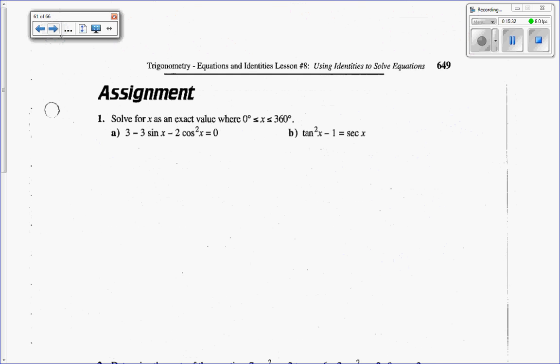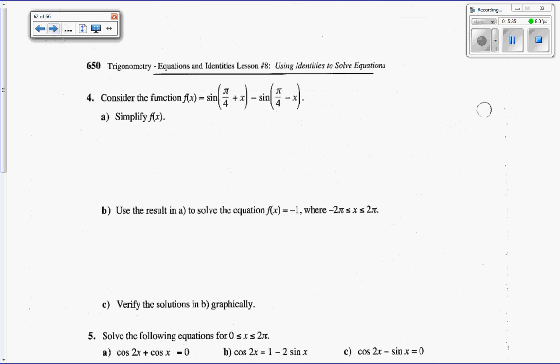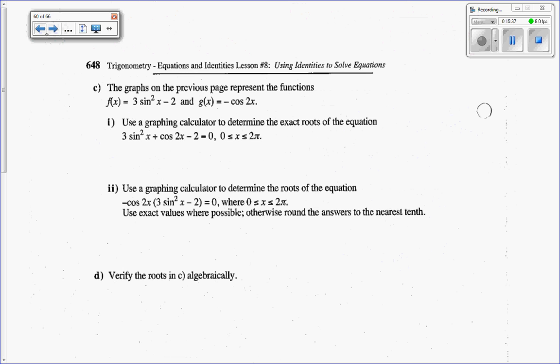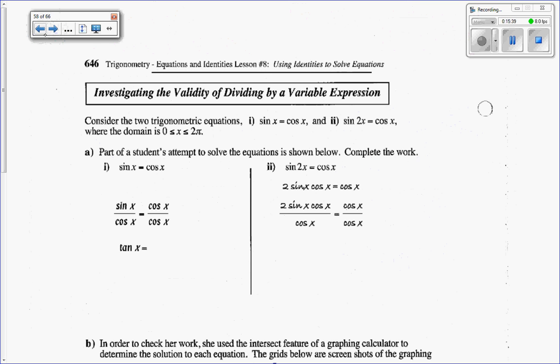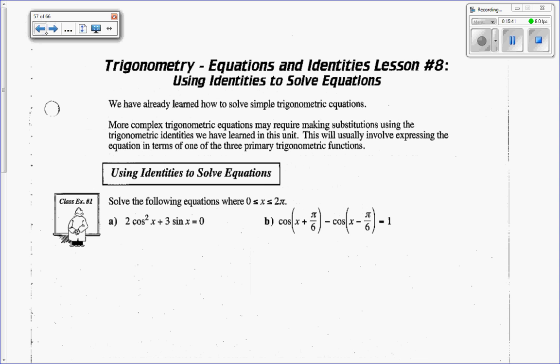Okay, so lesson number 8, just really quickly. We've already learned how to solve simple trig equations, and more complex trig equations sometimes mean that you have to use what you know about the trig identities to substitute them in.